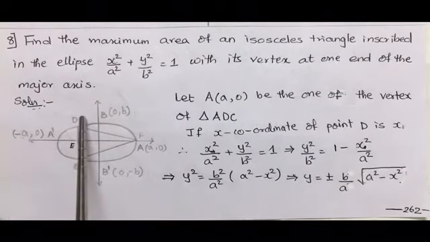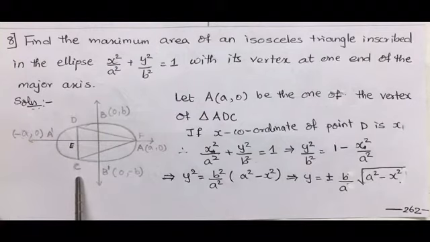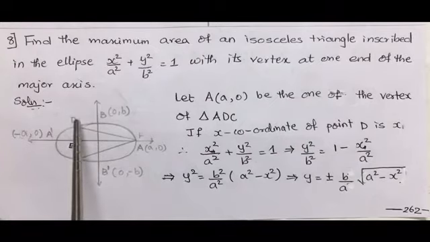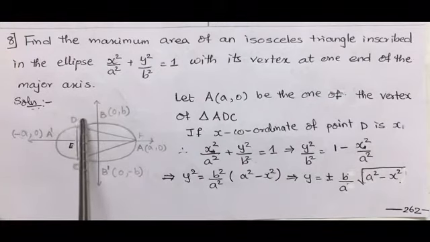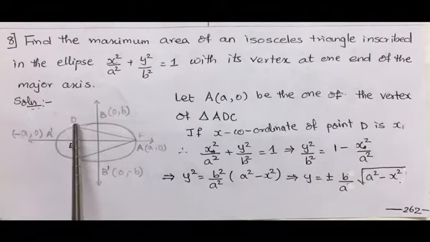One we have to take it with D, another one we have to take it with C. So this is how the coordinates of D and C can be known. The x coordinate of D will remain as minus x because it is in the second quadrant, x is negative, and in C also the x coordinate will be negative, as in the third quadrant x is negative.